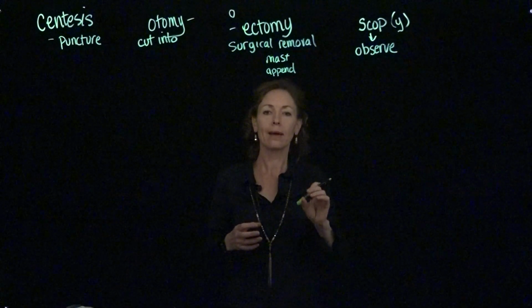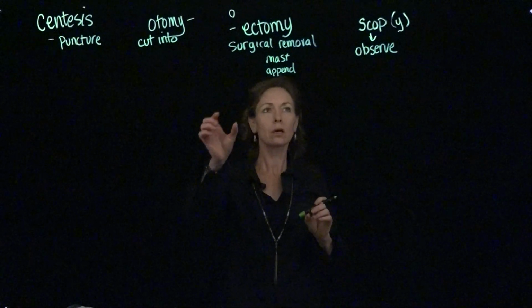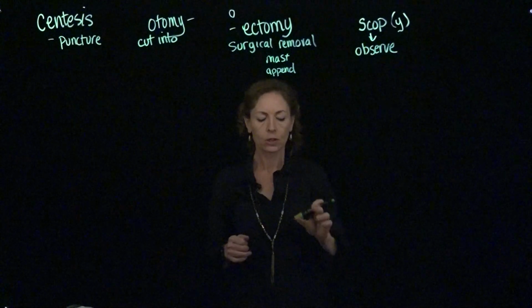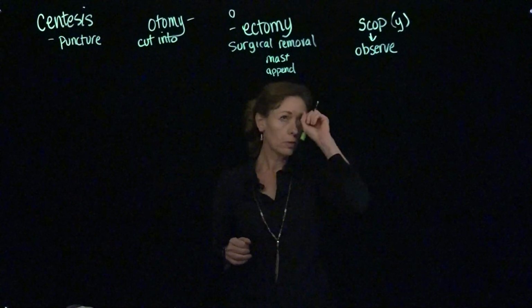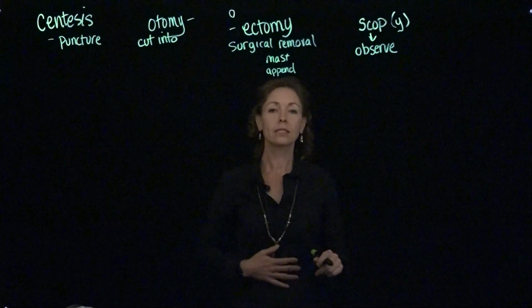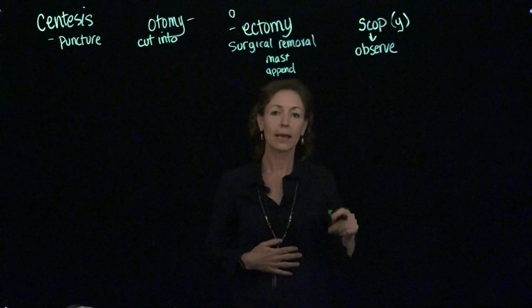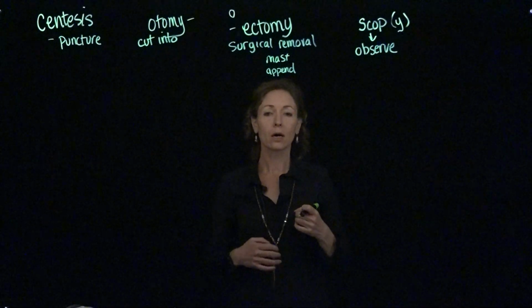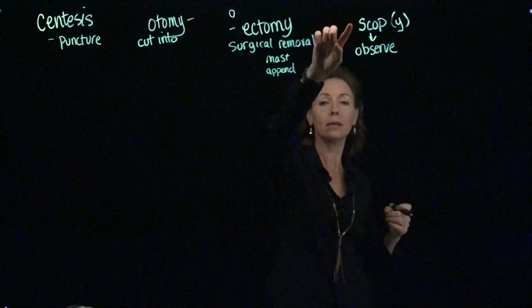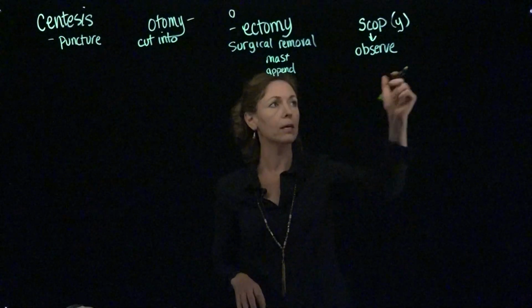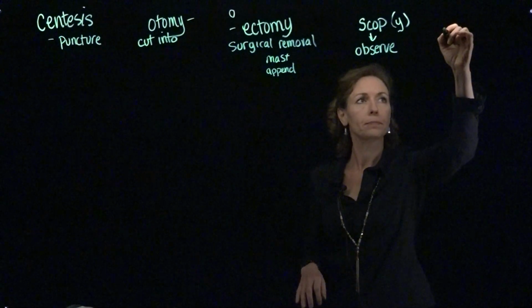Those endings and joiners are commonly like O and Y, and you'll see them throughout. So scope, you are going to scope something out, you're going to observe it. You see this a lot. They will pass an endoscope maybe down into the GI system, colonoscopy up to observe inside the intestines, and we're going to actually talk about that a little more.